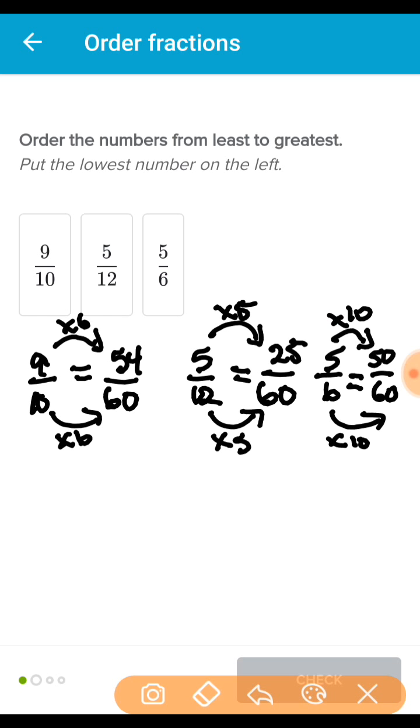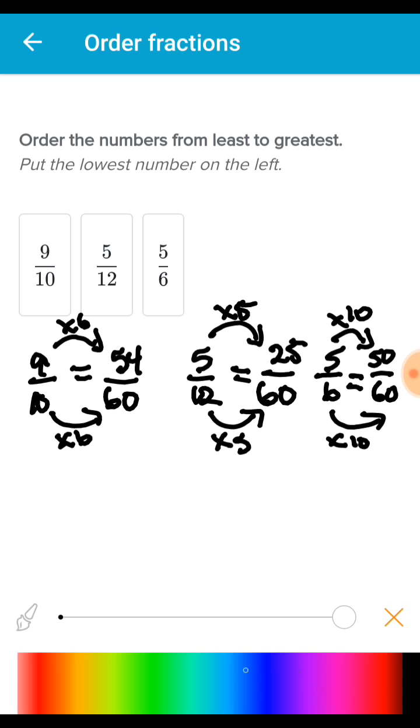So now I know that my fractions will go in order from least to greatest by looking at the numerators. 25 is first. That's the least. 5 over 6 would be second.